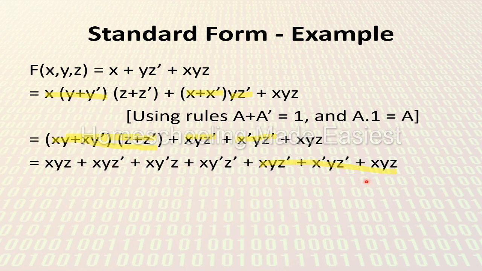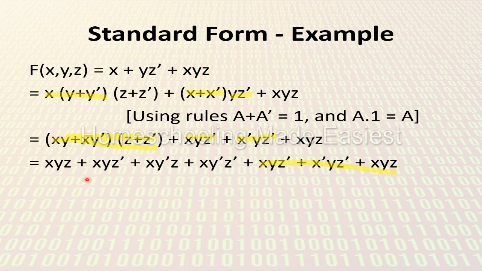Now to continue, if you notice, xyz here is exactly the same as this xyz. So we will apply again the rule that A times itself is just A, or true times true is just true, false times false is just false. We will apply that in the next step.